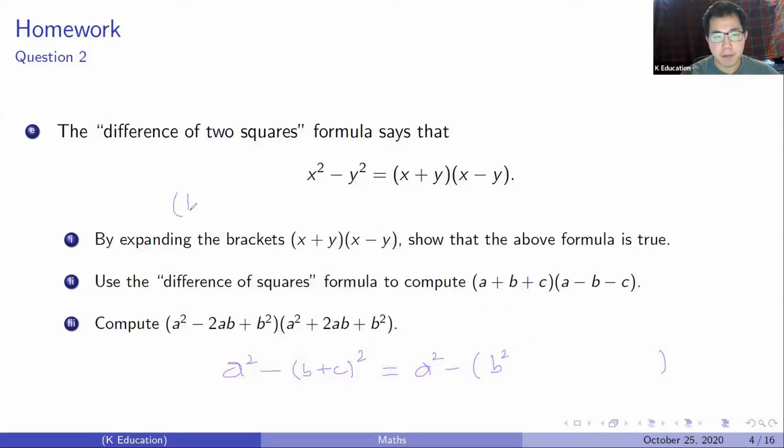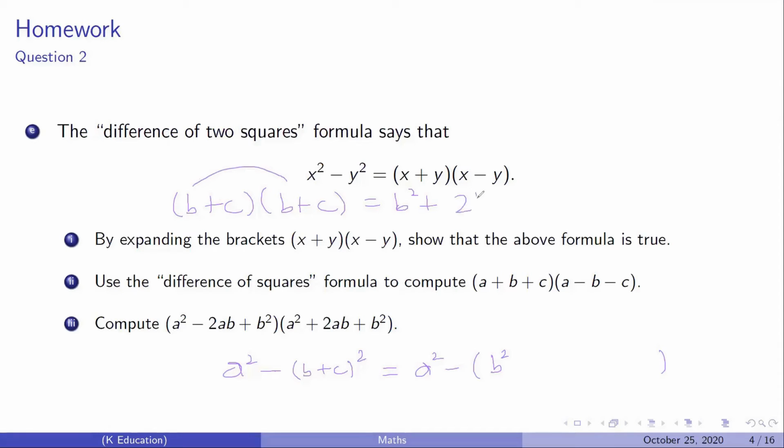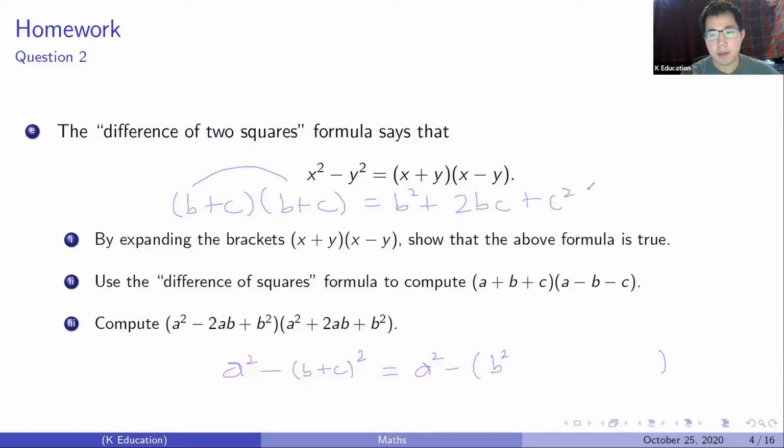Okay, let me write it out if it's easier for you. So b squared plus 2bc plus c squared. Yeah, it's always the same form, right? It's b squared plus 2 of something and plus c squared. So I put that in, plus 2bc plus c squared. And what do I do with the minus sign in front of the brackets?